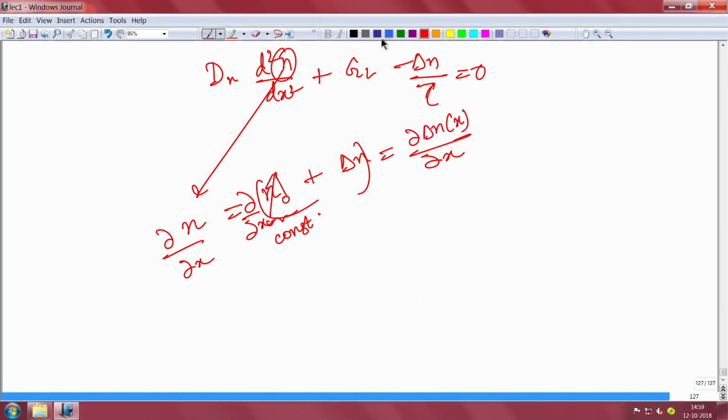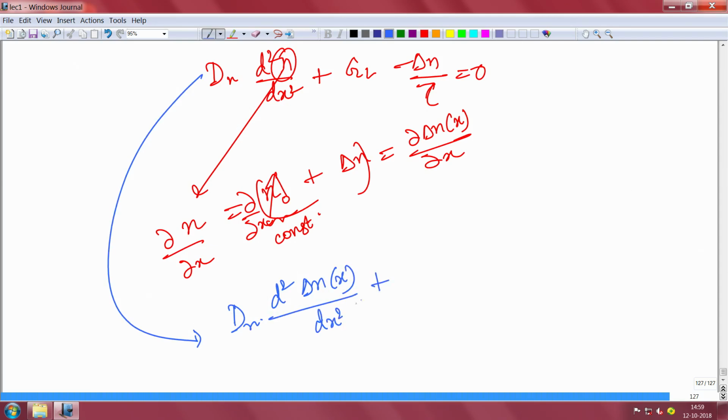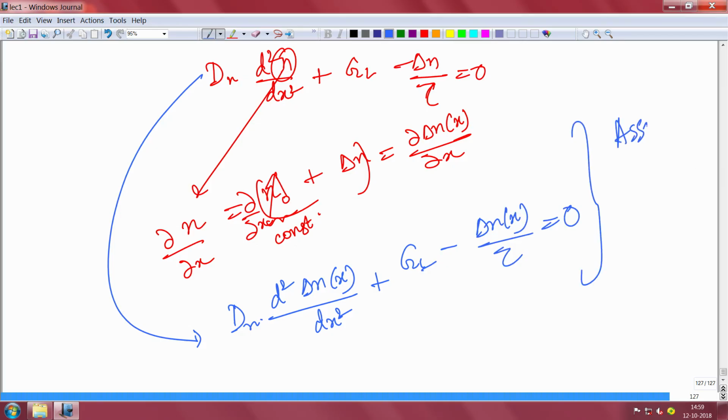So I can write this expression again as Dn d square delta n of x by dx square plus GL minus delta n of x by tau is equal to 0. This is a simplified form of the continuity equation, assuming there is no field, because if there is a field, there is a drift component that I have ignored here.